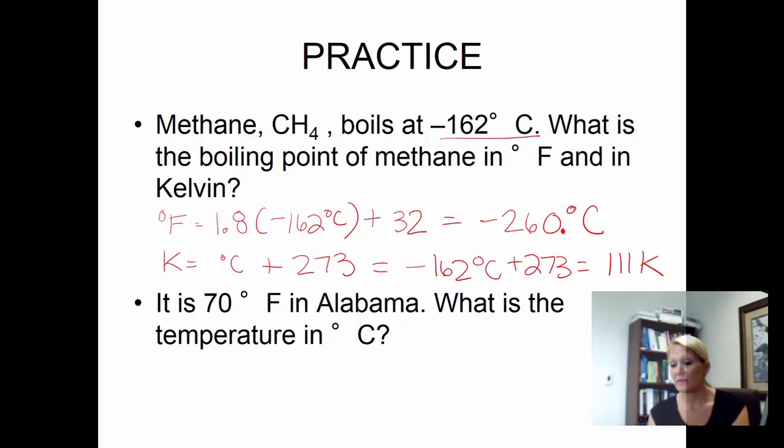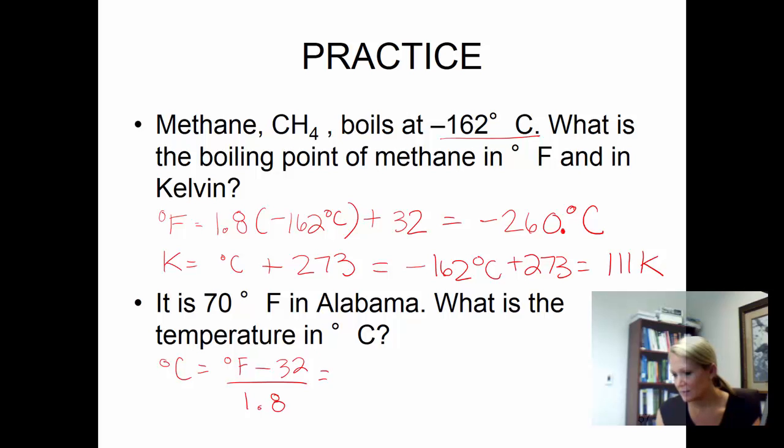Alright, next problem says it's 70 degrees Fahrenheit in Alabama, and I'm in Canada and I want to know what that is in Celsius so that my Canadian friends can understand that better. If I look back at my conversions, or you can plug it into this one here and rearrange that way, that's fine. Degrees C equals degrees Fahrenheit minus 32 divided by 1.8.